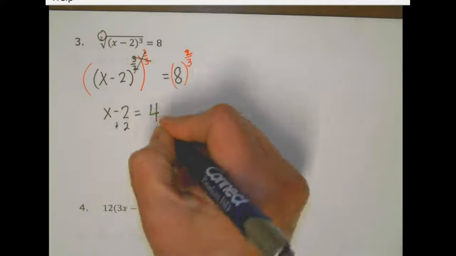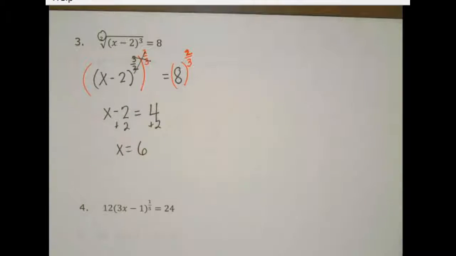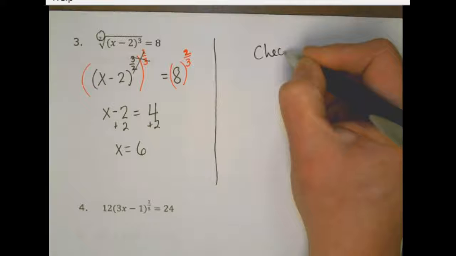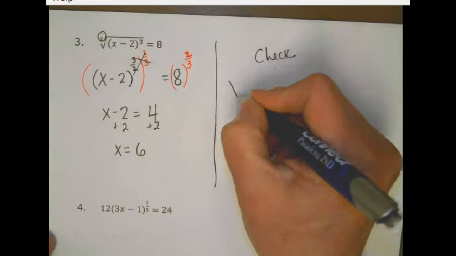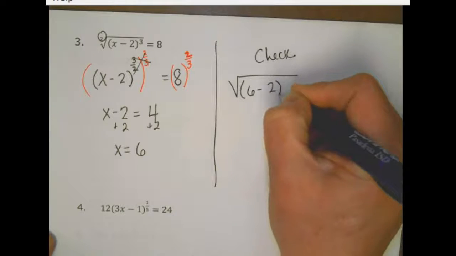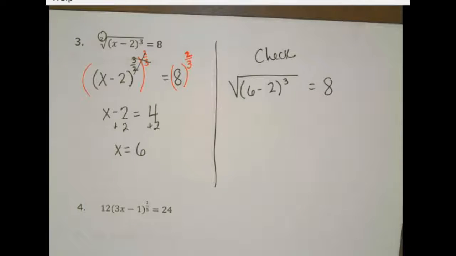Add 2 to both sides. X equals 6. Check. 6 minus 2 raised to the 3rd power, does that equal 8?